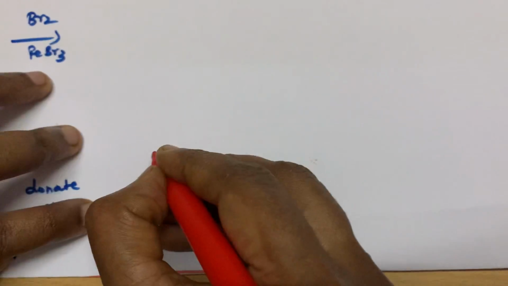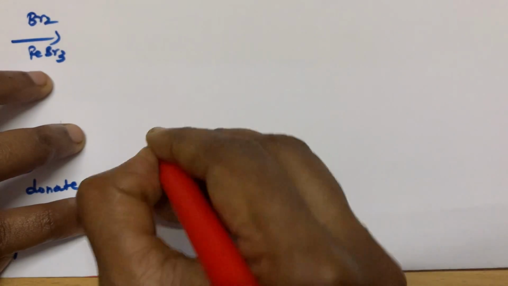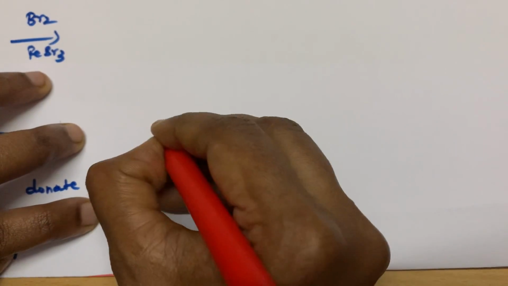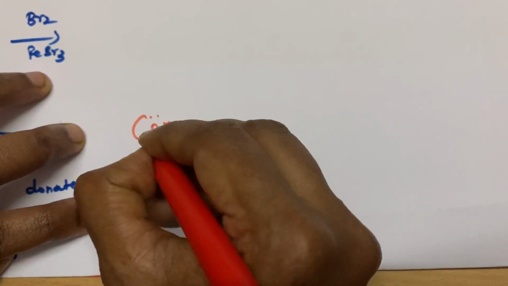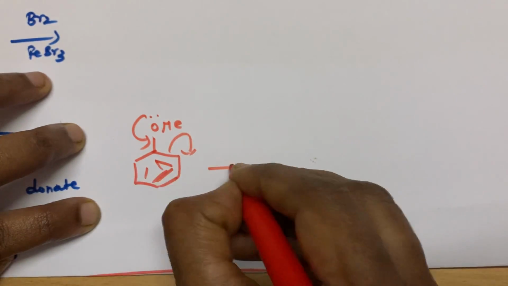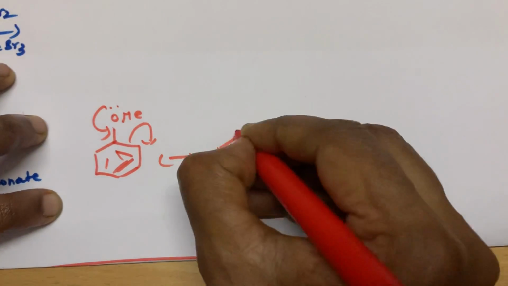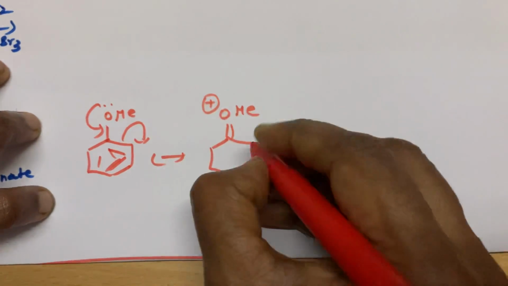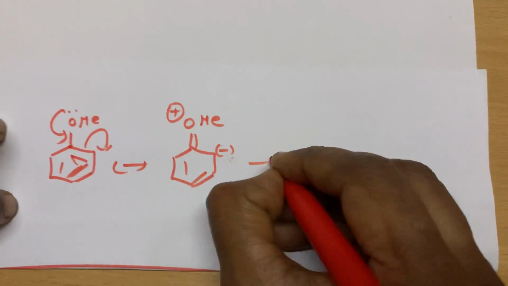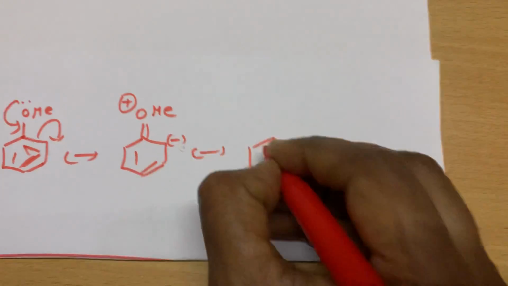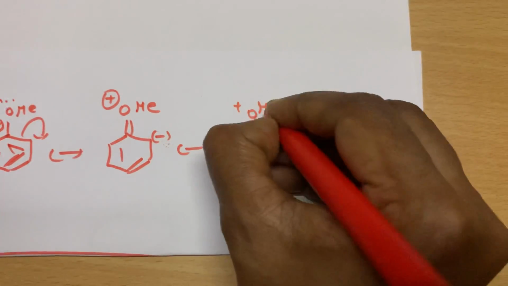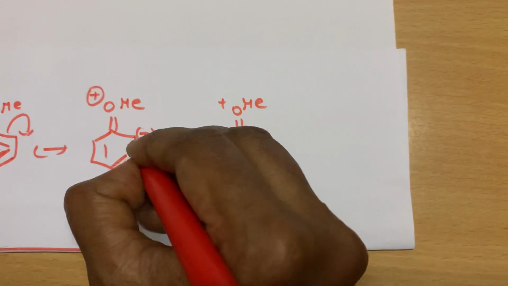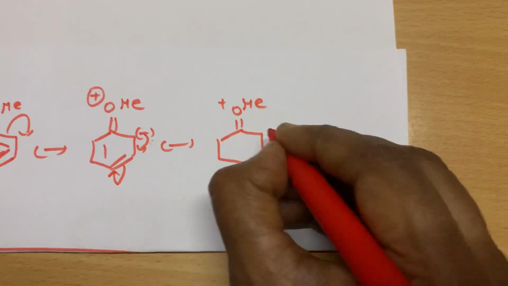I want to show you how it is going to be. Which positions are going to be enriched with electrons? Again it is your ortho and your para position, and not your meta position.